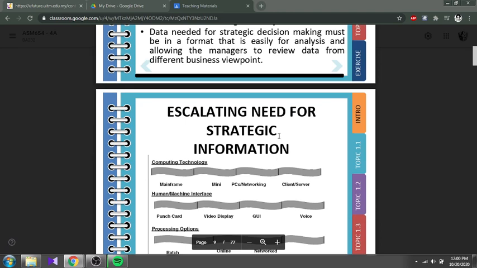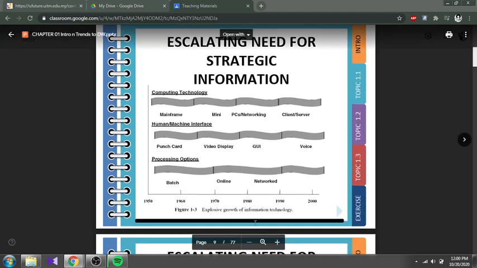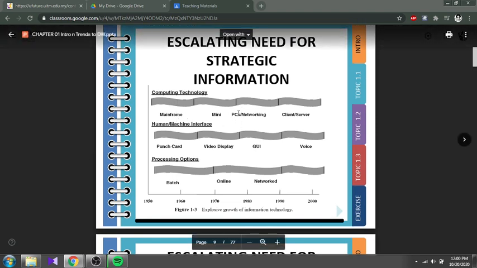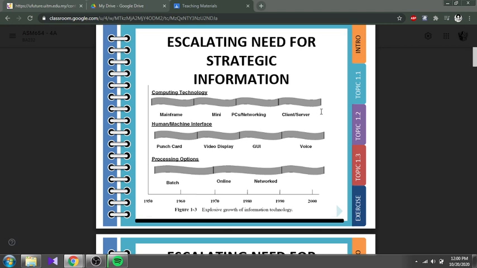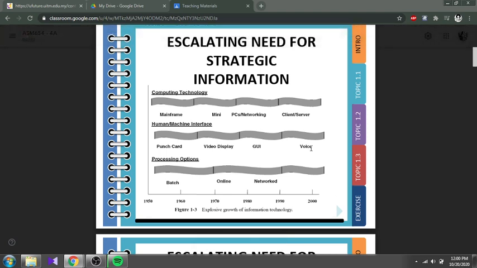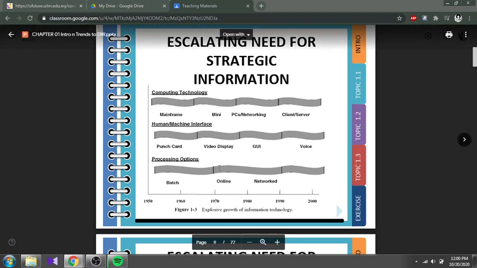And escalating the need for strategic information. Okay, this is the history, I can say. Last time on computer technology, we used mainframes, mini PCs, and now we have client server. Before, we used punch cards, video display, graphical user interface on the computer interface, and now it's voice.